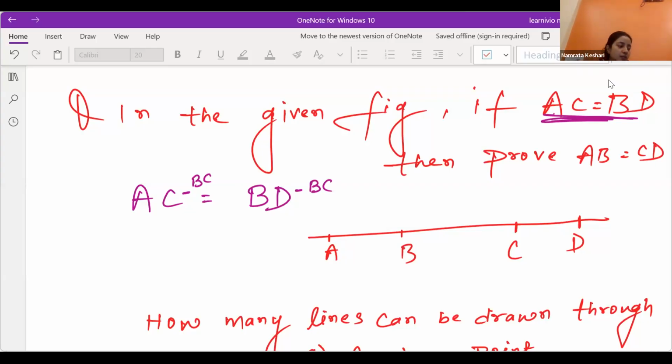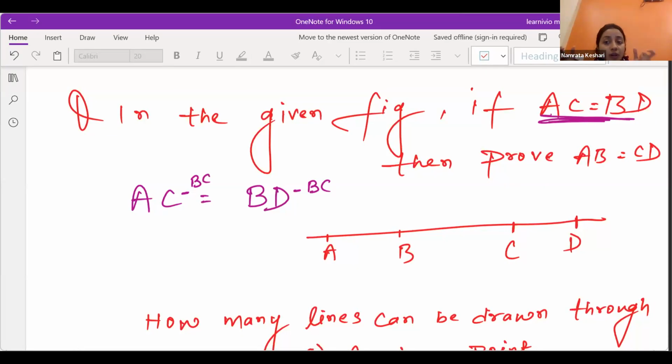If equals are subtracted from equals, the remainders are equal. That axiom we are using over here, because we are subtracting the same BC from both sides, from something which was already equal. AC and BD are already equal.